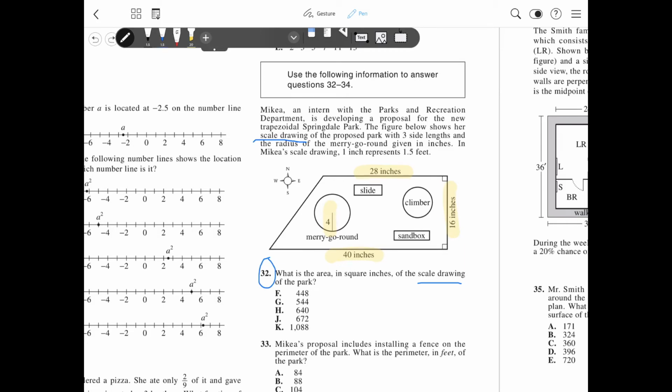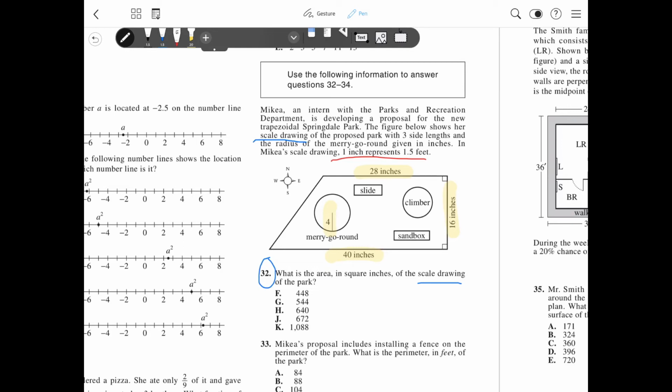Alright, so when I look at this problem, I know that this is scaled, so I don't have to worry about altering the dimensions, and we are also given information here that 1 inch represents 1.5 feet, but that's not really important because our diagram is already in inches. So we can really rely on our diagram in order to make sure our final answer makes sense.